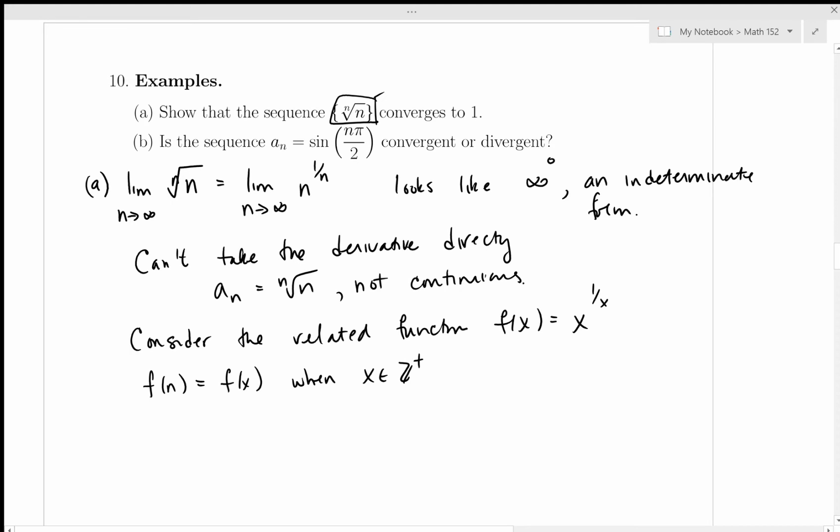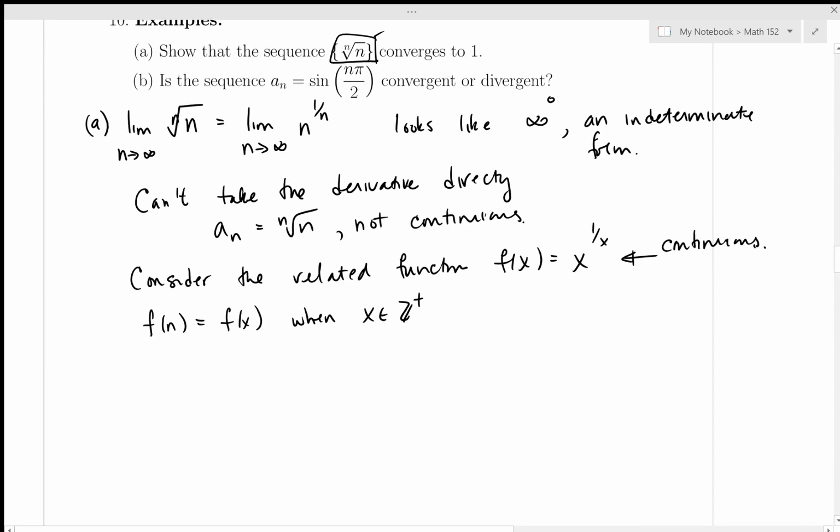Now this is a function of a real variable x. This is continuous. So we are now able to use all our mechanisms of calculus. So then we're going to ask, let L be the limit as x goes to infinity of x to the 1 over x.